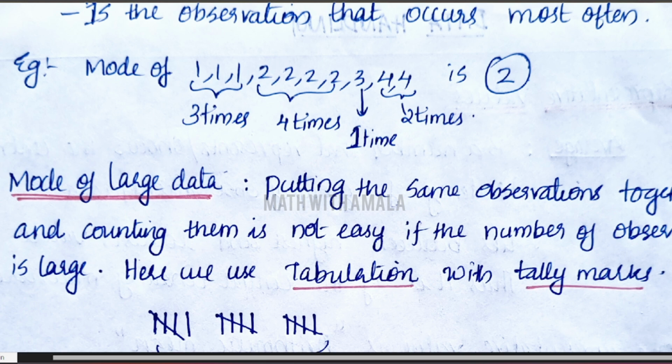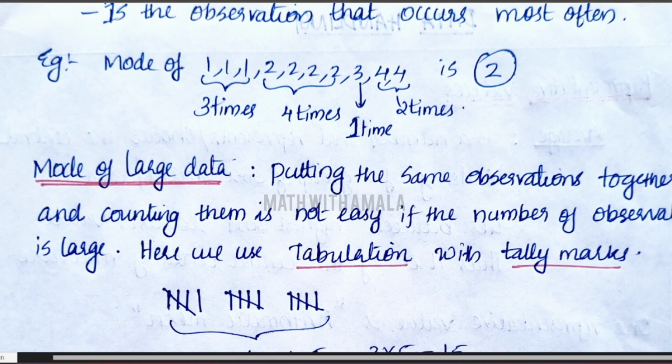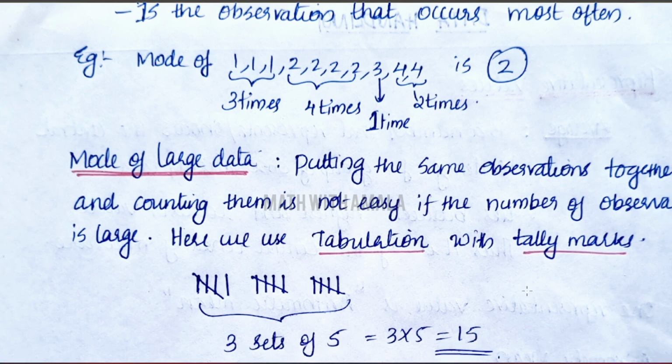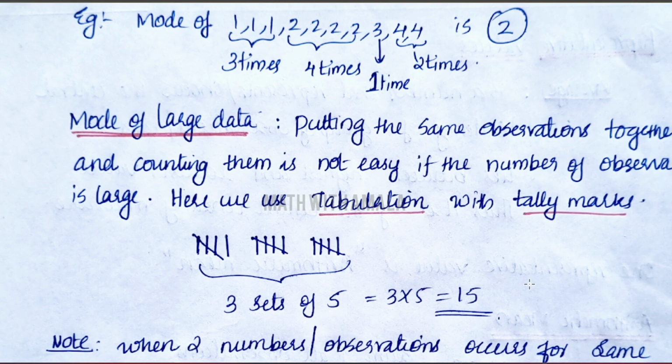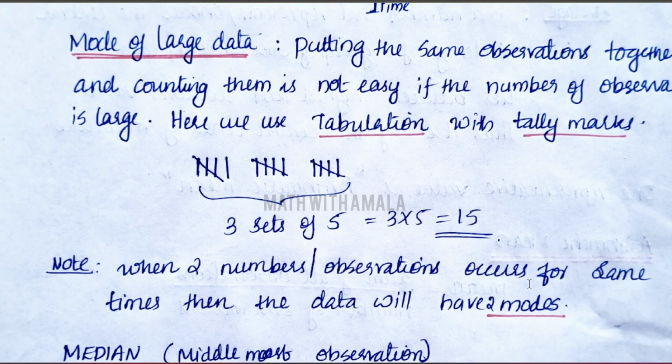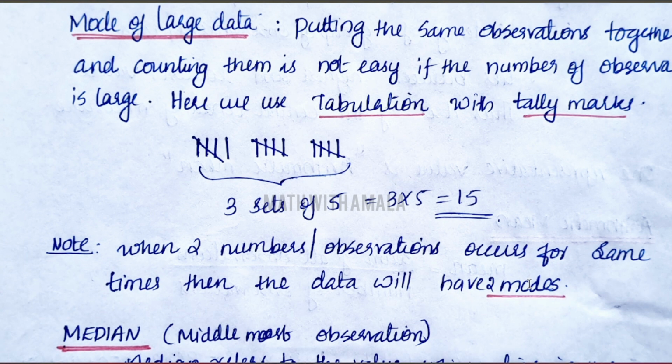If we have some large data we can use the method of tally marking. It is like putting the same observations together, and counting them is not easy if the number of observations is large. Here we use tabulation with tally marks. Tally marks are put like this. If we have observations of the same kind, you will mark 4 lines in a standing way, and the fifth one will be given as a slanted line.